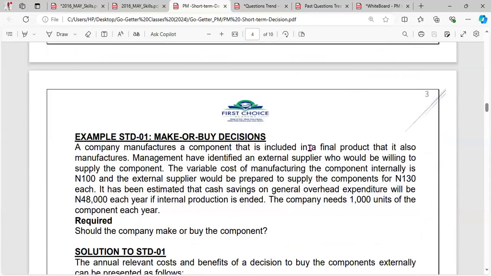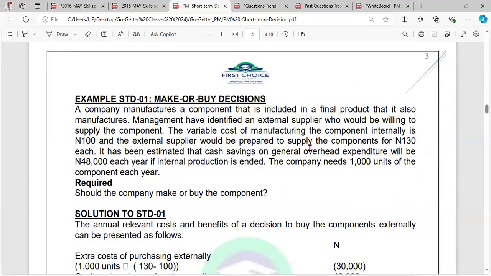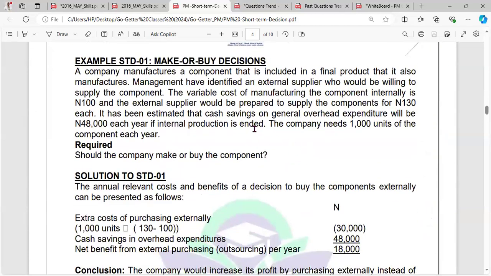Now let's look at this question. A company makes a component that is included in a final product that it also manufactures. Now let me give you an example. A company manufactures a component, let's call that component battery, that is included in a final product.